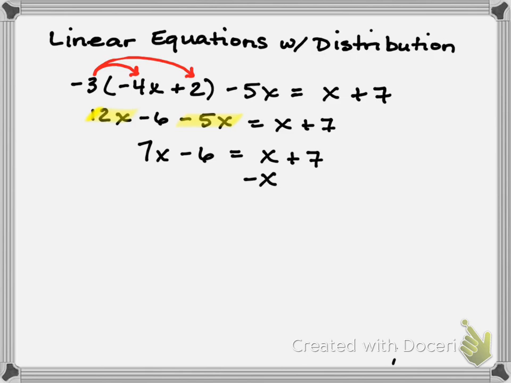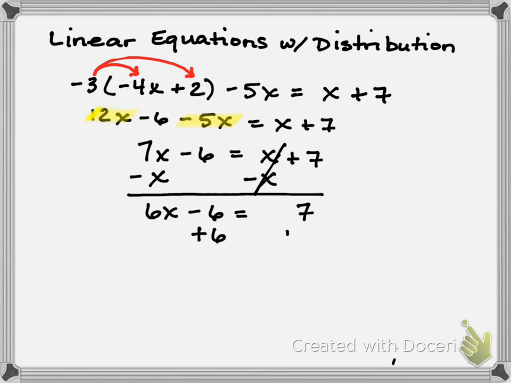So I'm going to bring this x over by subtracting x on both sides. So I end up with 6x minus 6. Those end up canceling, and I have a 7. And now I want to move the 6 over to the right-hand side, so I need to undo it by adding 6 on both sides. That now causes that -6 and positive 6 to disappear.